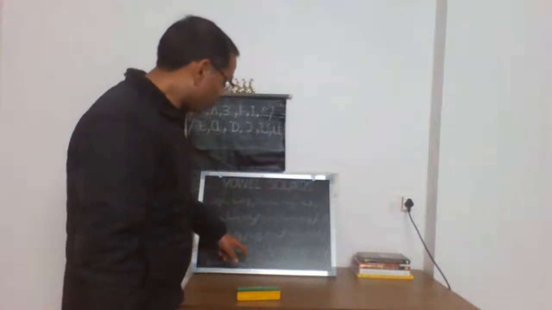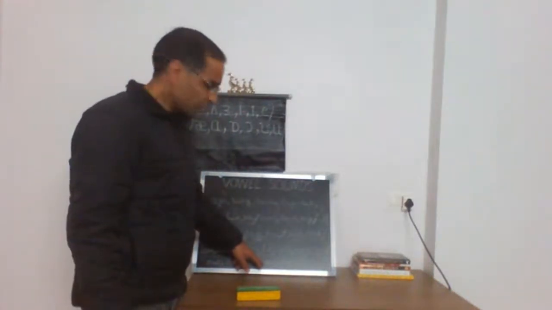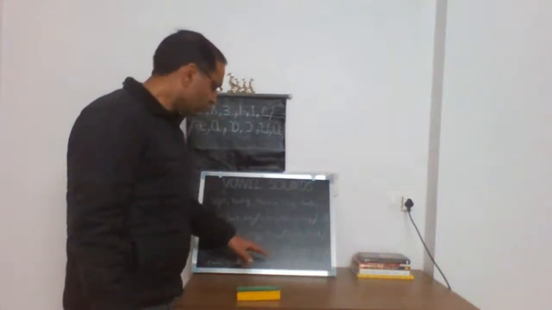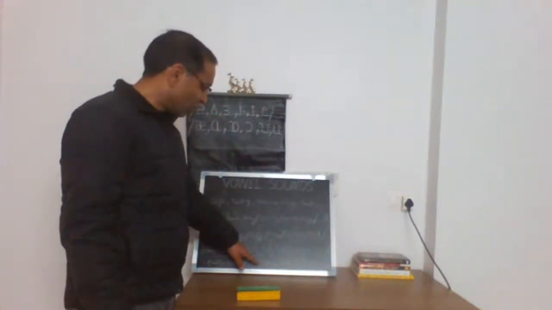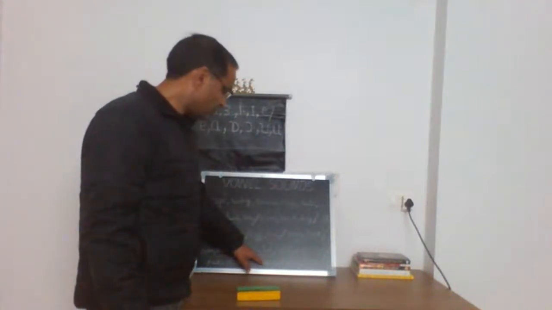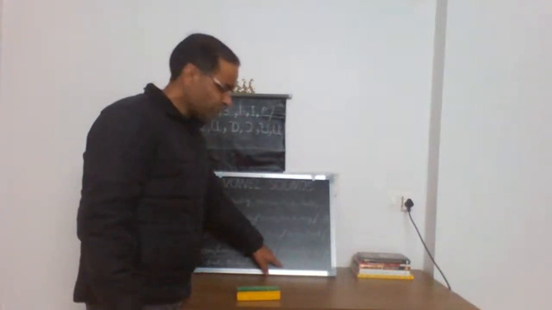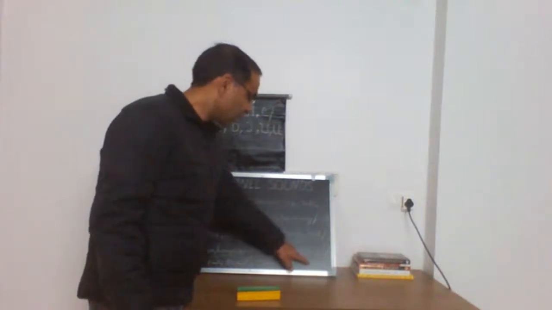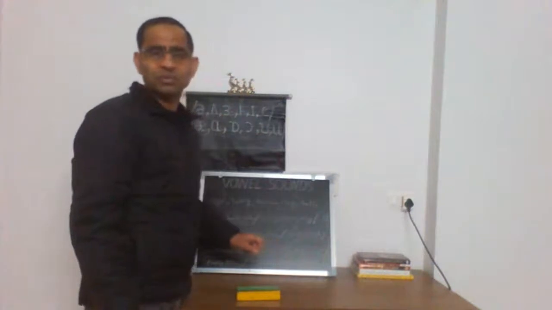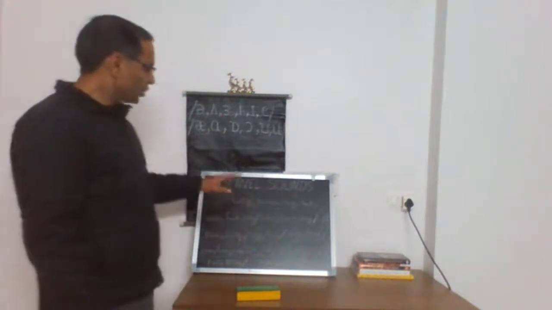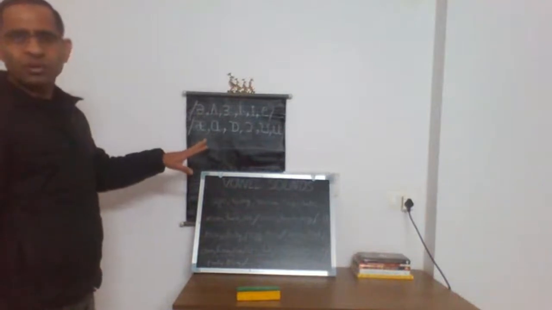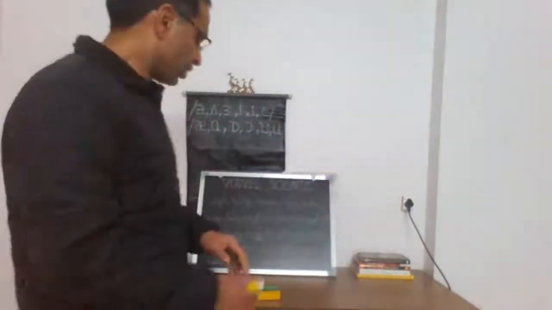Coming to the final, the 12th monophthong, that is the long oo sound, we use it in ooze as the initial sound, in lose as the medial sound, and in shoe as the final sound. So these are our monophthongs, the 12 sounds.